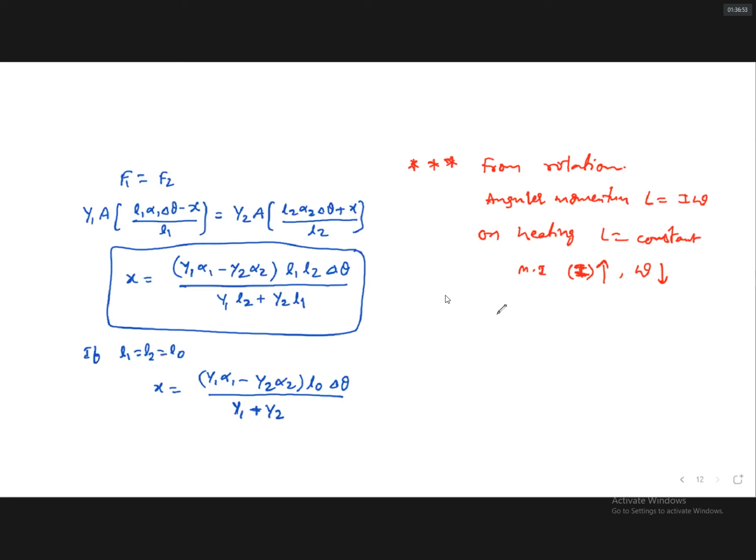Therefore, as we know that I is proportional to L square or I is proportional to R square, delta I by I is equal to 2 into delta L by L, or delta I by I is equal to 2 into delta R by R. For fractional change in radius or fractional change in length, we use alpha only. So delta I by I is equal to 2 alpha delta theta.